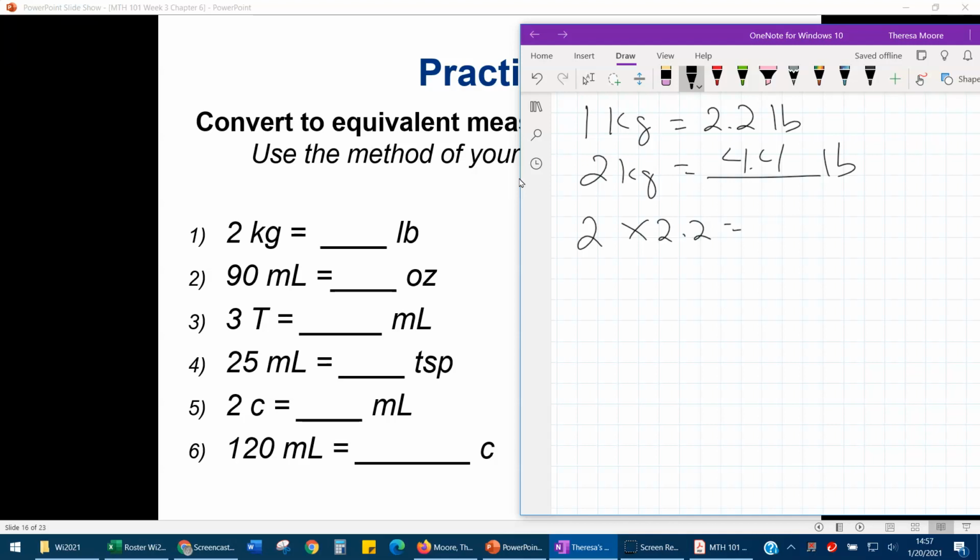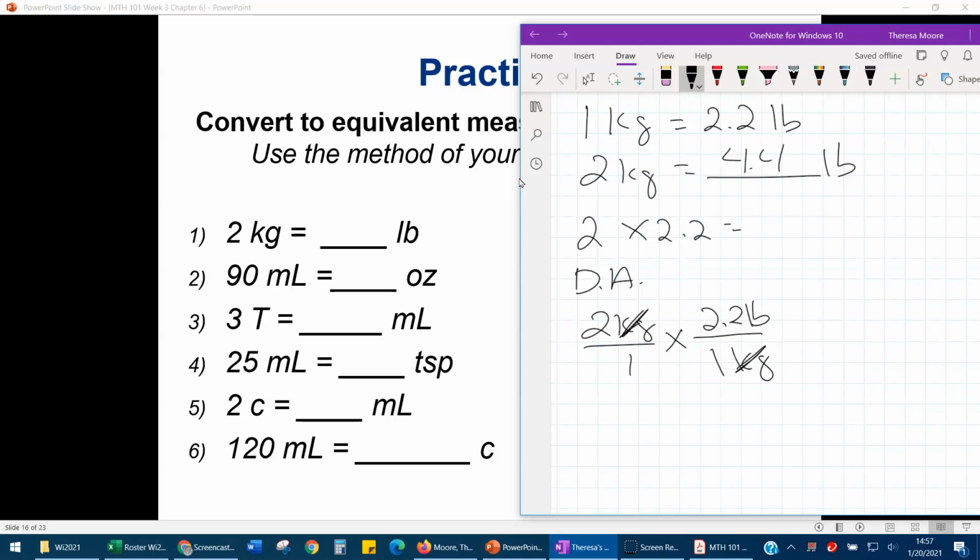I'll do this first one using all 3 methods. So dimensional analysis method, I have 2 kilograms, place it over 1, and I'm going to multiply it by the conversion factor that has pounds on top, because I'm converting to pounds. So I'd put the 2.2 pounds on top and the 1 kilogram on the bottom.